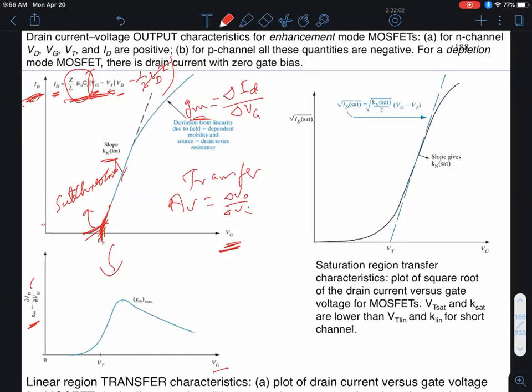Very, very important parameter of a MOSFET, because it tells you how effective the MOSFET is as a switch to go from the off state to the on state, or on to off. In an ideal case, you want the transition to be as abrupt as possible, but the physics tells you it'll never be perfectly abrupt. In fact, we'll see it's an exponential function, and that gives you the so-called sub-threshold slope. It's a hallmark of how good it is as a switch.